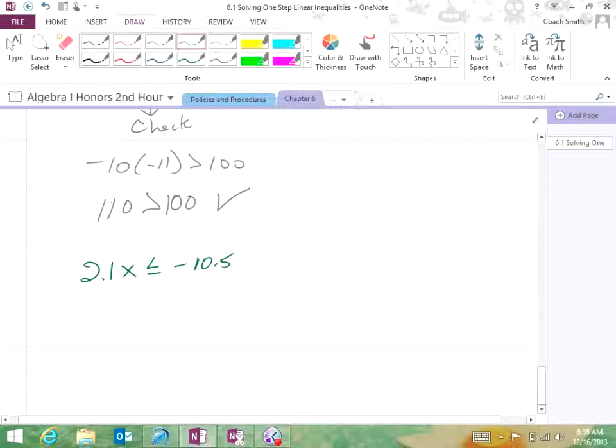Solve it. Actually, these you don't have to graph.